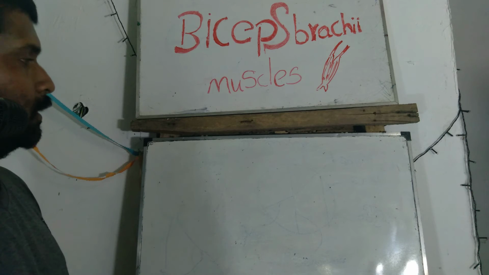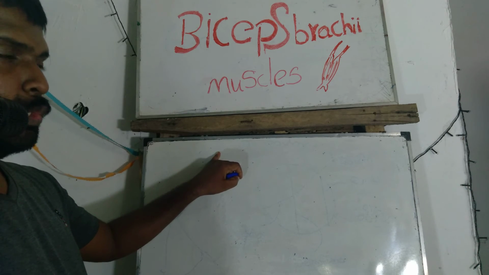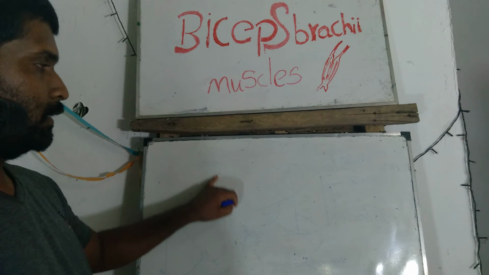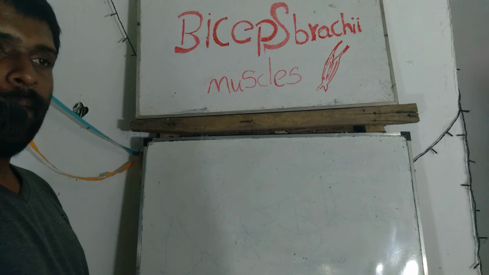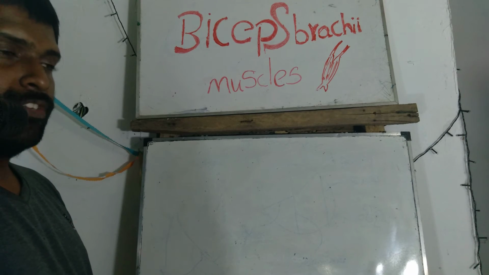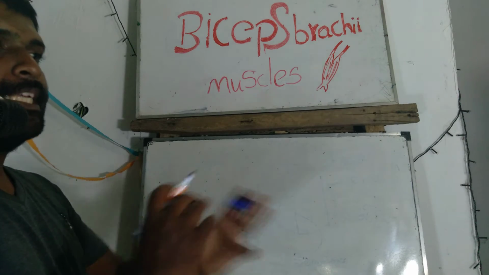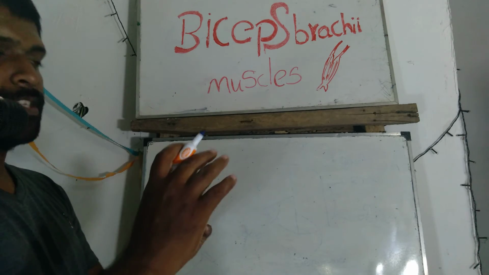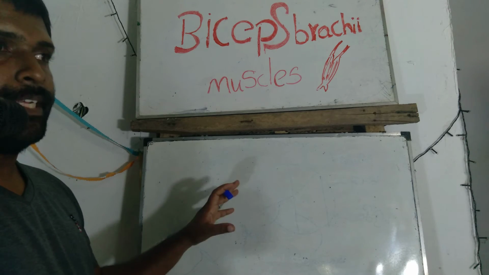First of all, the biceps connects to the scapula. The scapula, the glenoid cavity and the humerus can be dislocated, the humerus head in the glenoid cavity.